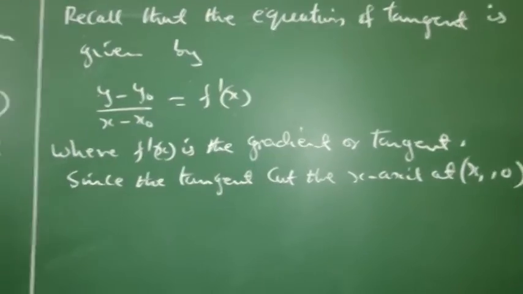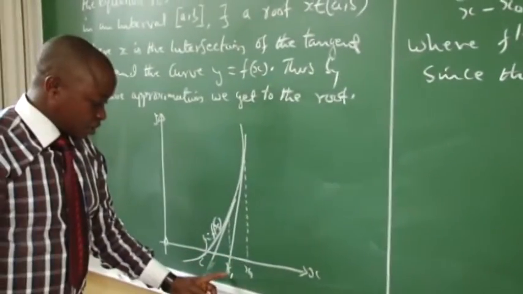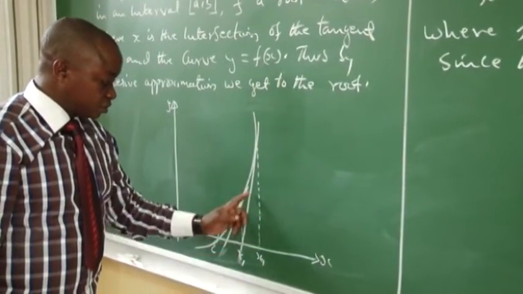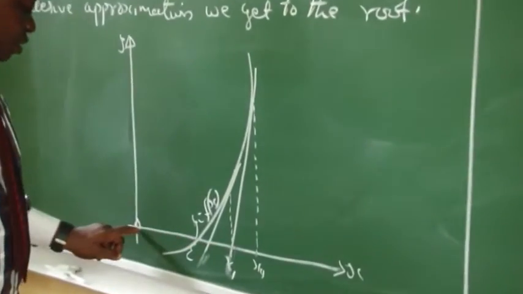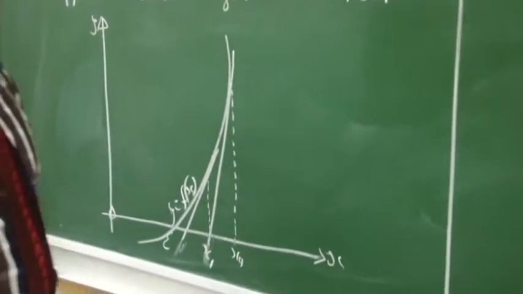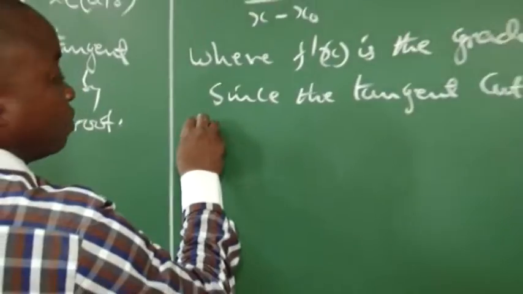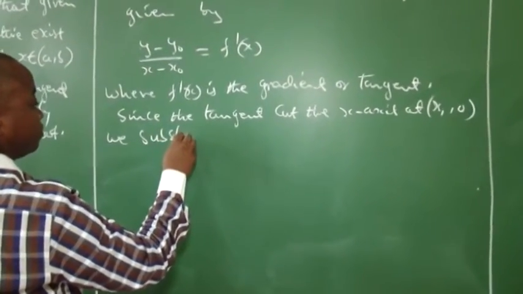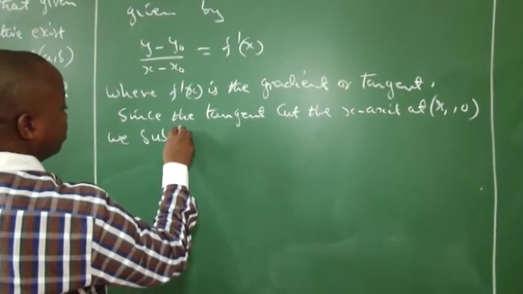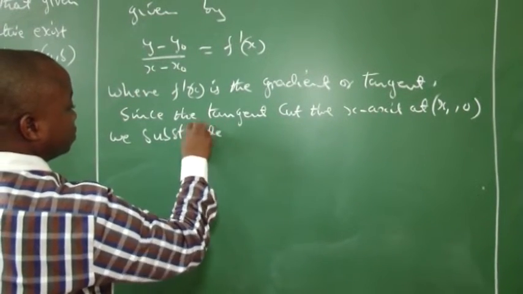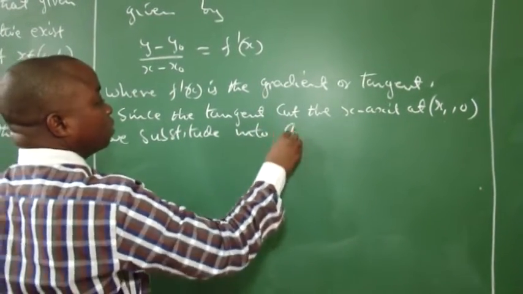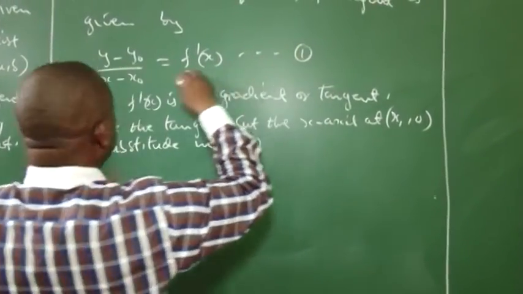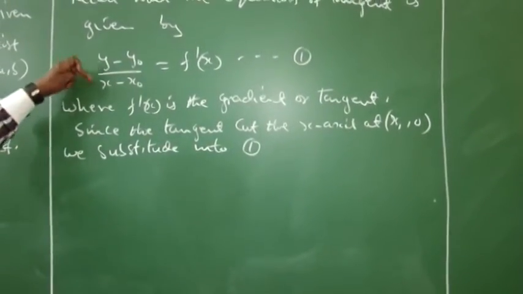This is the tangent we are considering, and this is x1, and here corresponds to 0 for the y-axis. We substitute into equation 1 at this place.